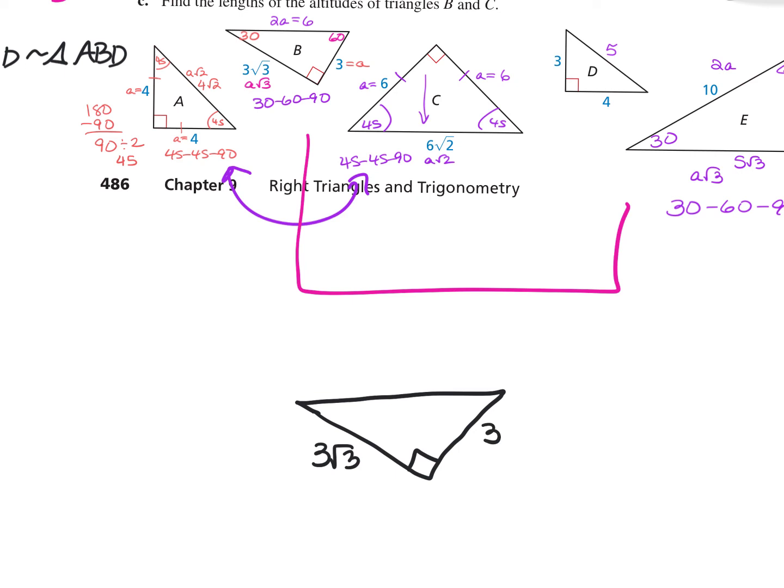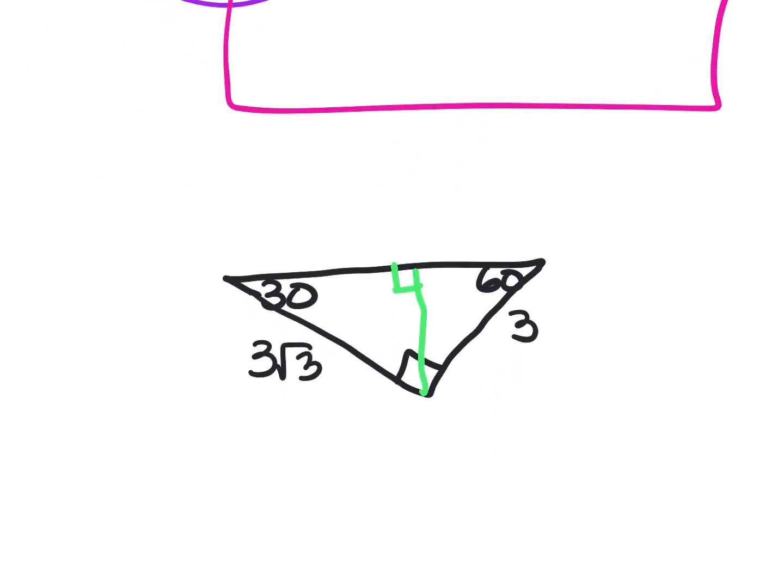This side was 3. So this was the 30, 60, 90. Once I draw this altitude in here, I've now created my right triangles, my 3 of them. The one I'm going to focus on is this one over here. This is the one I'm going to use.